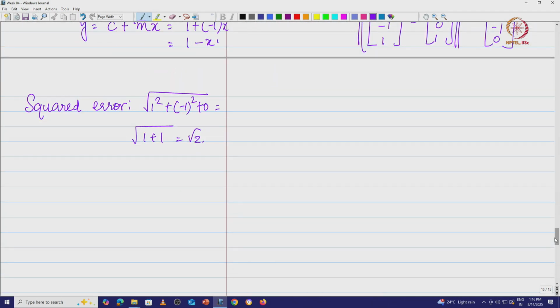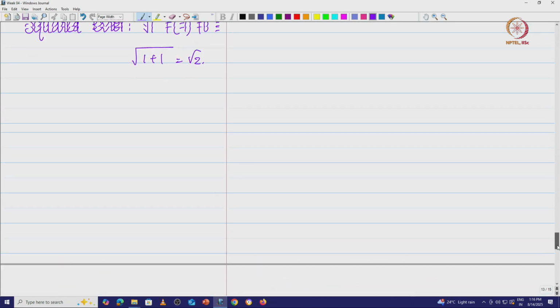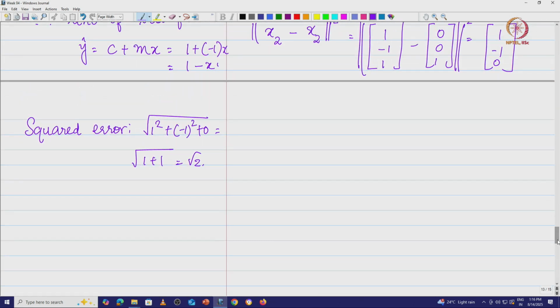This is going to be the smallest squared error that you can get, with the intercept being 1 and the slope being minus 1. So, the length of the error vector, the squared error, is 1 square plus 1 square, which is 2.